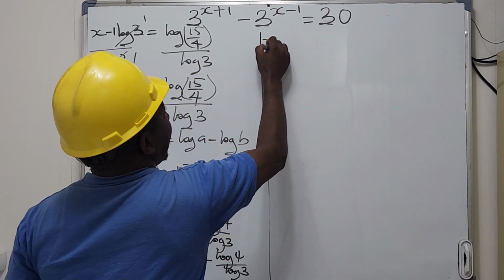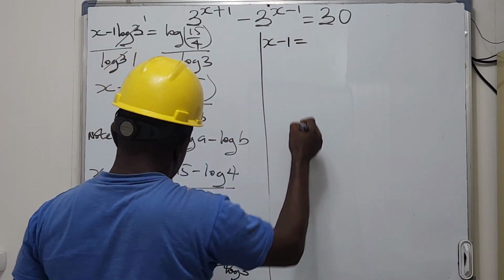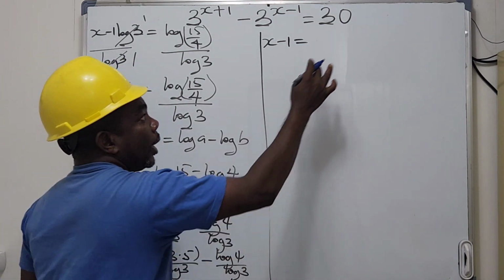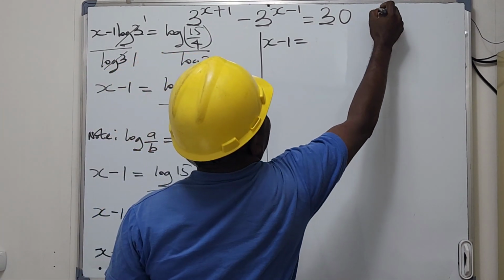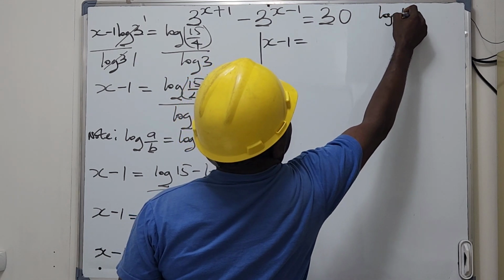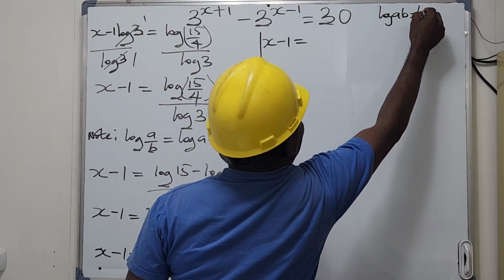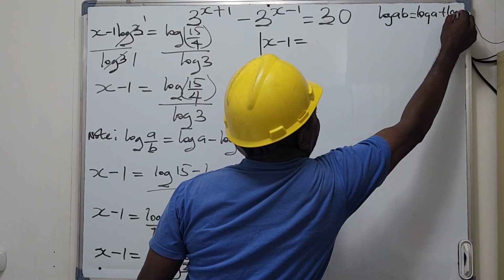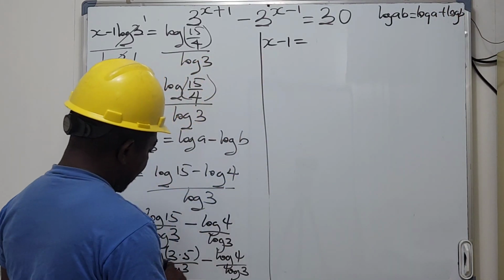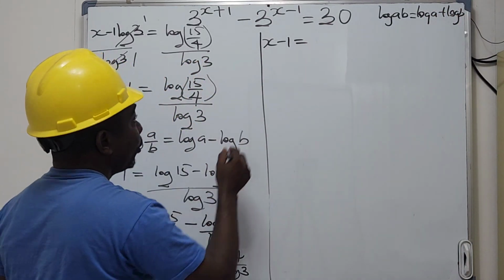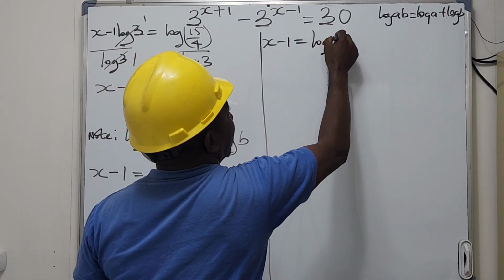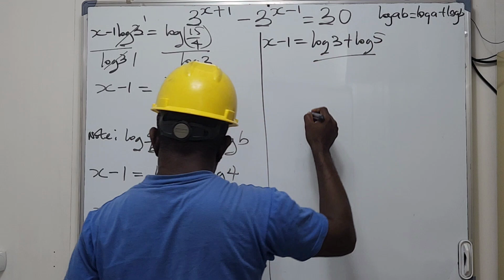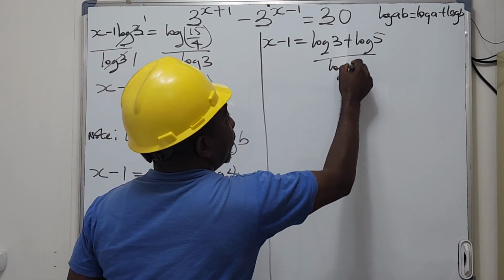So in this case, we come over to this other side so that we have the value of x minus 1 equals, we have here log 3 times 5. We recall another law of logarithm that says when we have log a b, it is the same thing as log a plus log b. So expressing this in that format, we are going to have log 3 plus log 5 all divided by log 3.